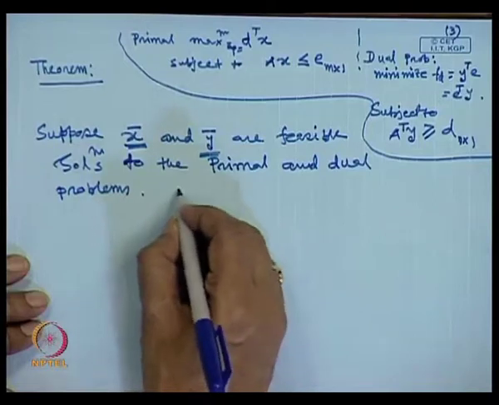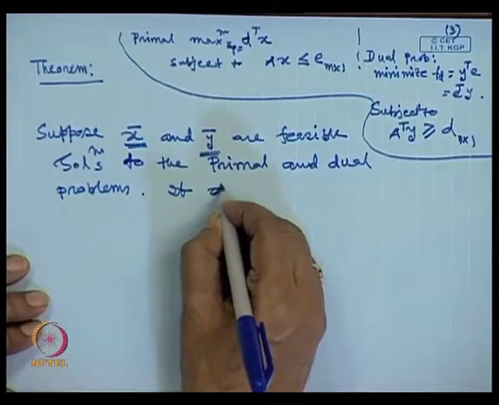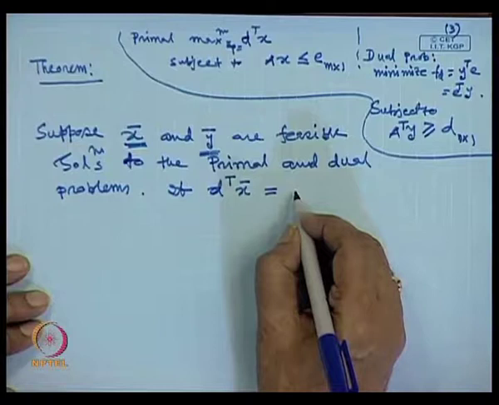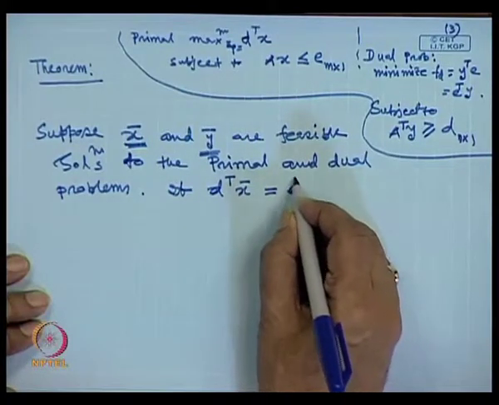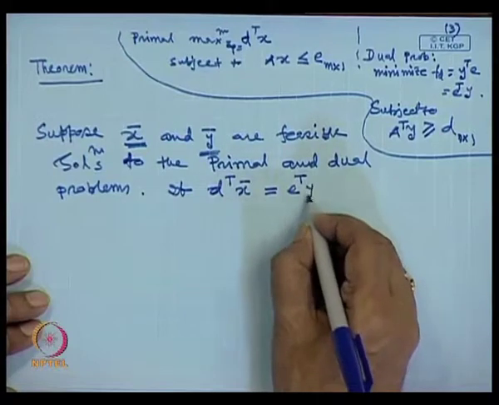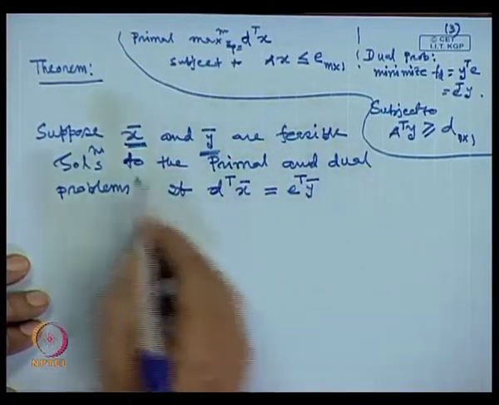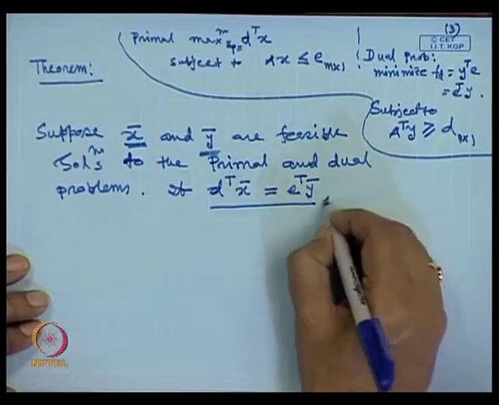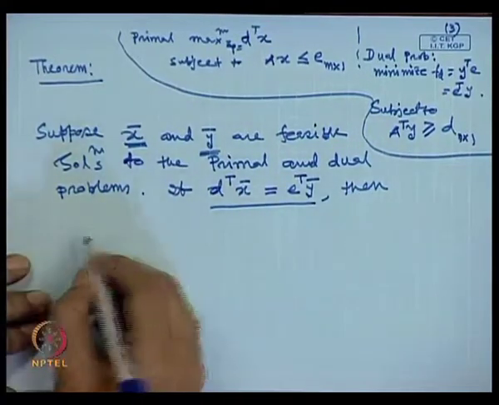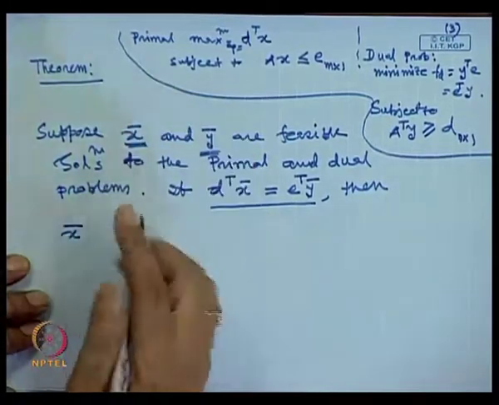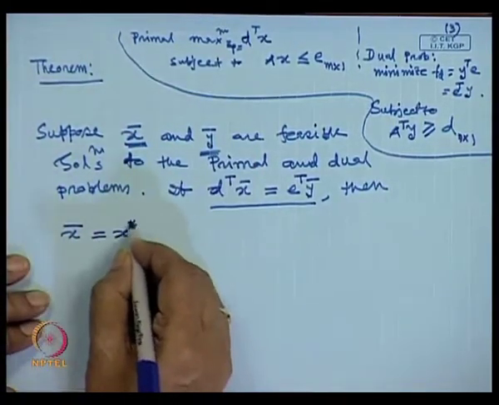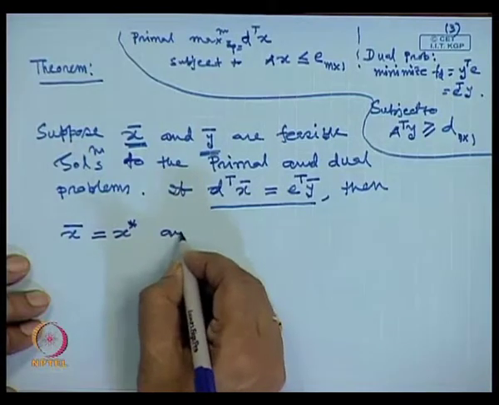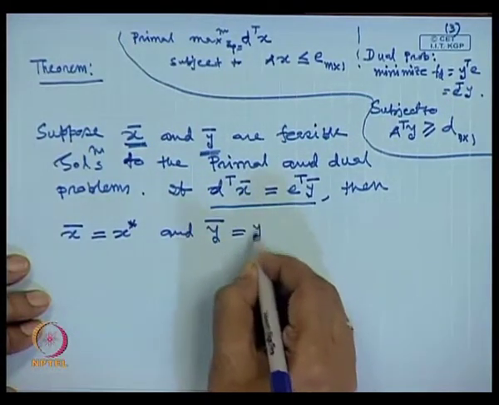Then, if D transpose x bar is equal to E transpose y bar, because these are feasible solutions of the primal and dual problems, if this is equal to this, then x bar, which you have considered a feasible solution, will be x star, the optimal solution of the primal problem, and y bar will be equal to y star.